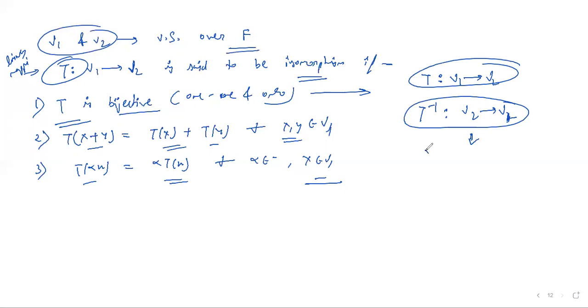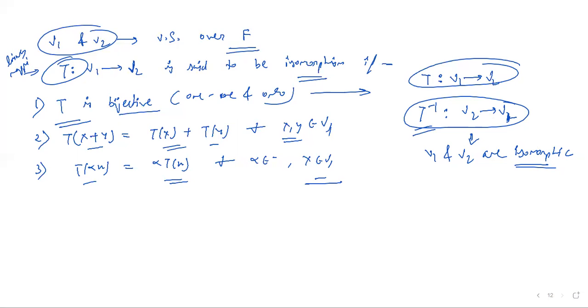Then we can say that V1 and V2 are isomorphic, because the existence of an isomorphism T implies the existence of another isomorphism, T inverse.